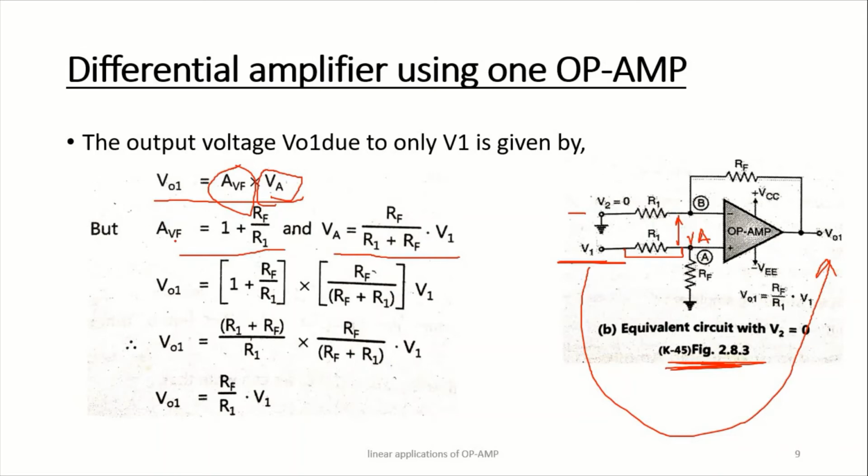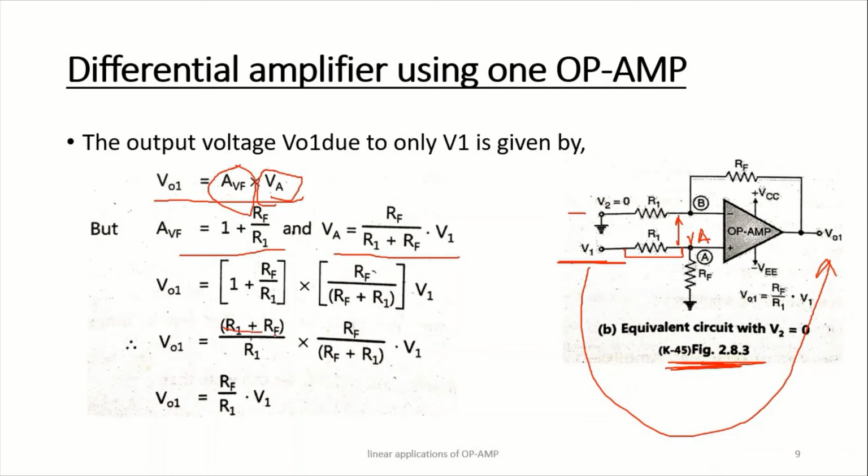Substituting these two values into the V01 equation, V01 is equal to 1 plus RF divided by R1 into VA, which is RF divided by RF plus R1 into V1. Now simplifying, R1 multiplied with the 1 gives R1 plus RF, divided by R1, into RF upon RF plus R1 into V1.